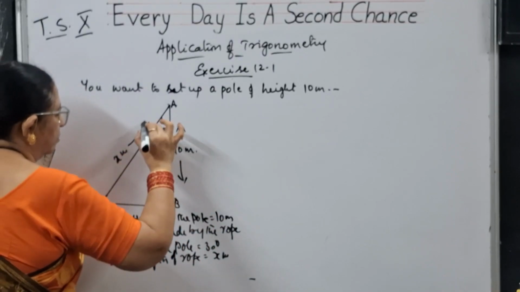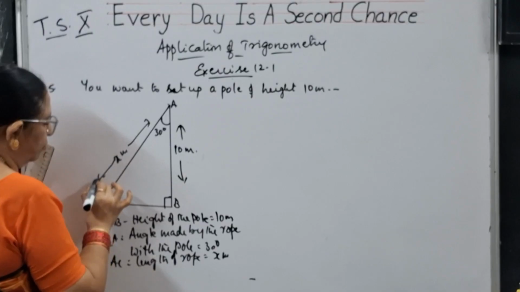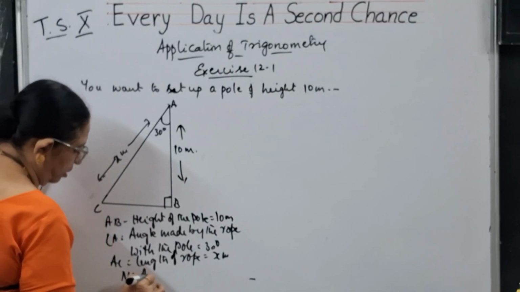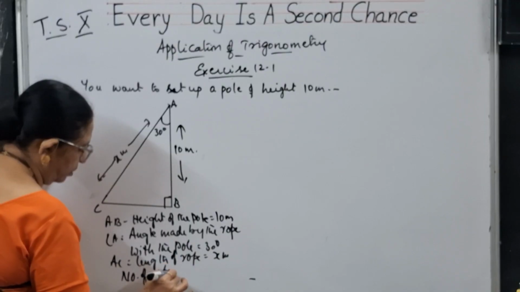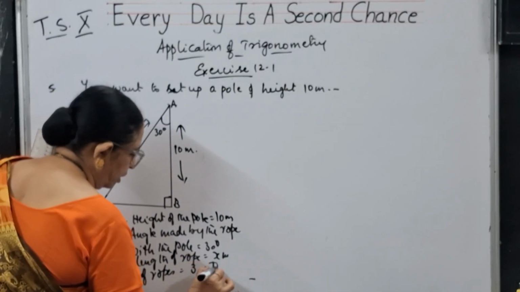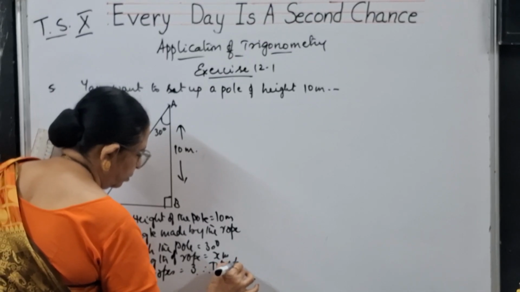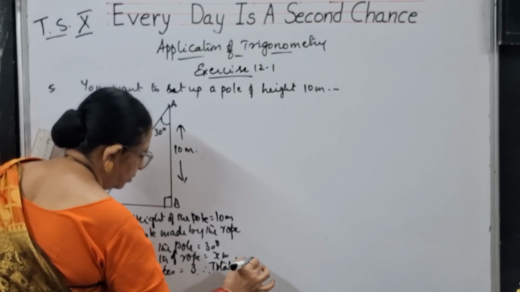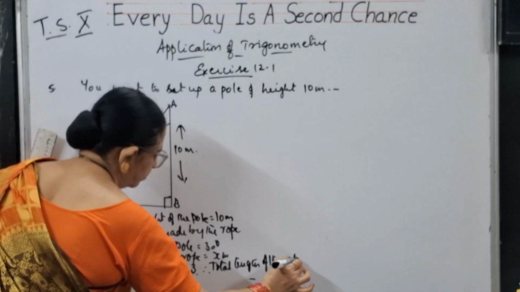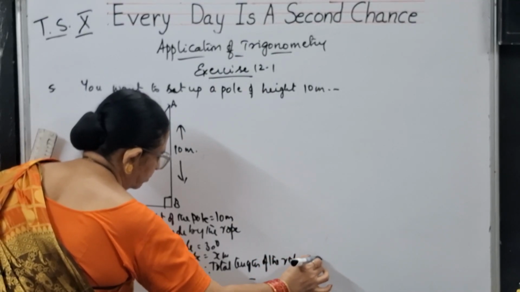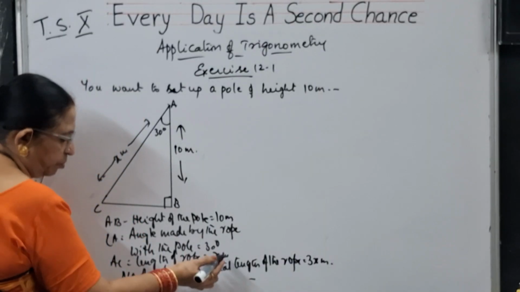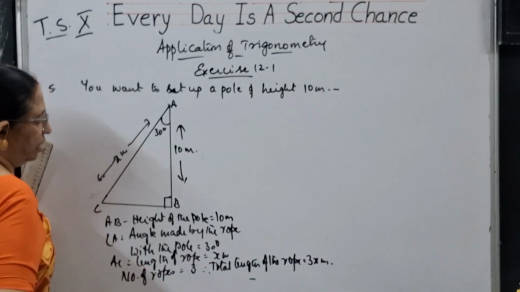This is x meters. So, how many ropes are there? Number of ropes is equal to 3. Therefore, what is the total length of the rope? Total length of the rope is equal to 3x meters. Why? Because one rope is x meters, three ropes means 3x meters.